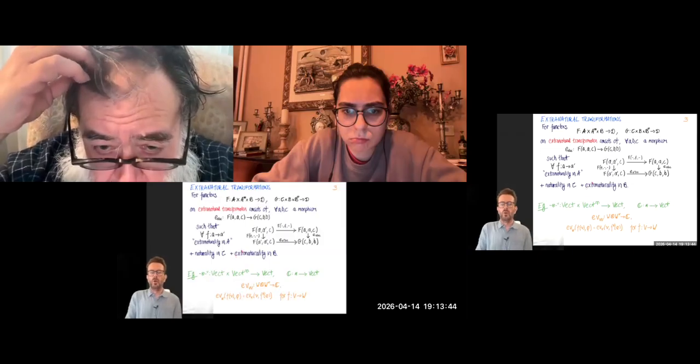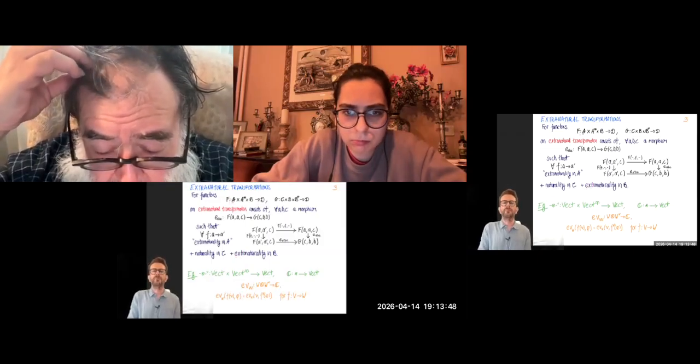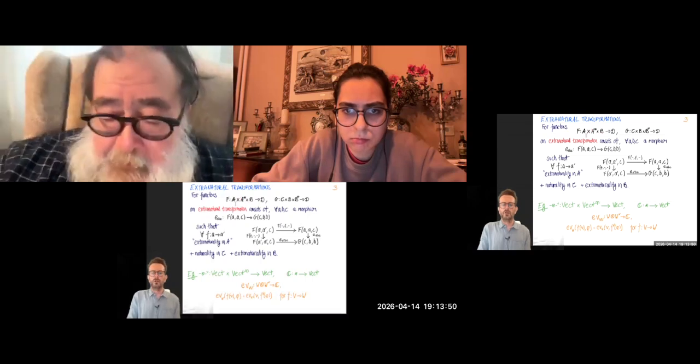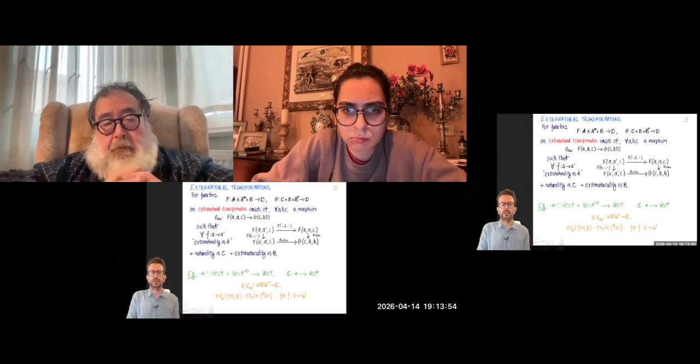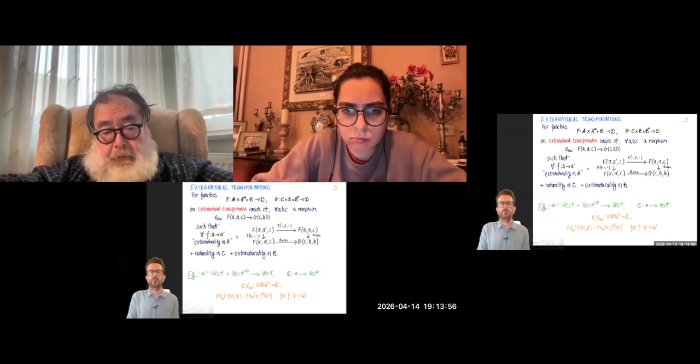So an example would be if we take our functor F. We're going to take A to be the category of vector spaces, so that's the vector spaces opposite.